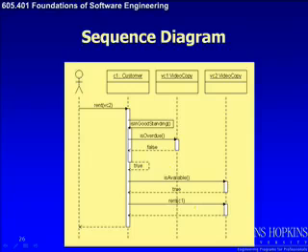And then the customer says to VC2, rent, and passes a reference to himself, C1, as an argument, and the video copy VC2 will set up the link between that customer C1 and itself VC2, and we return. Notice the returns are in dashed arrows. The message sends, if you will, are in solid arrows.